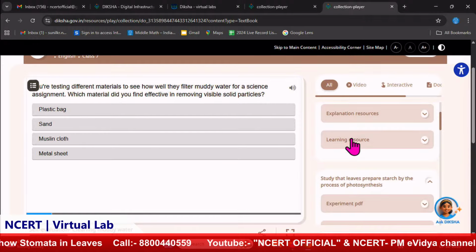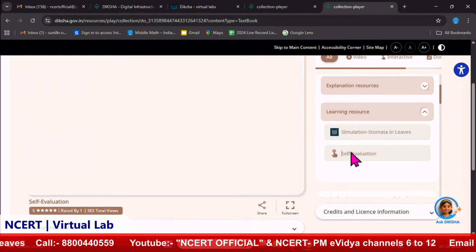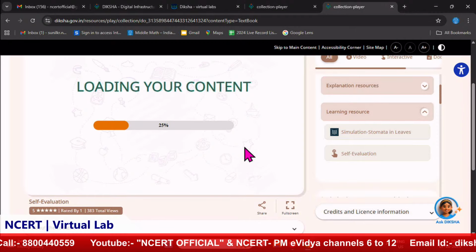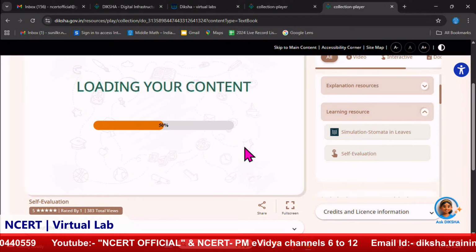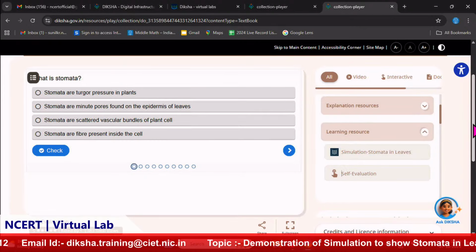Basically, these self-evaluation questions contain certain MCQs. These MCQs can be taken by teachers in the classroom as well to check the students' understanding, and this also motivates the student to learn better. If they think they skipped some part, they can anytime go back, perform that particular experiment and learn better.